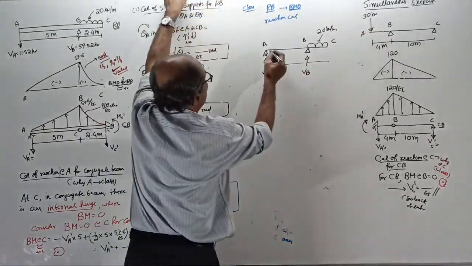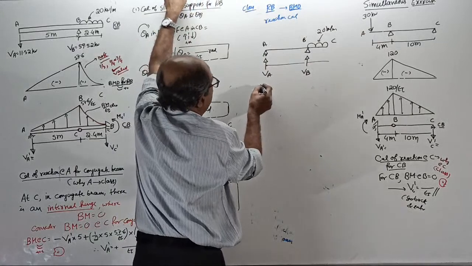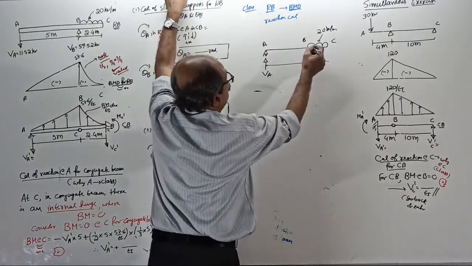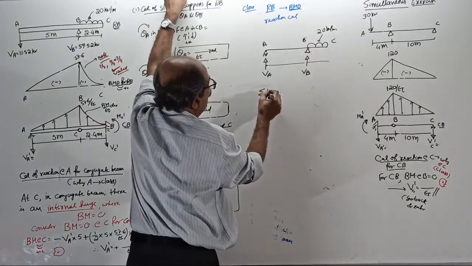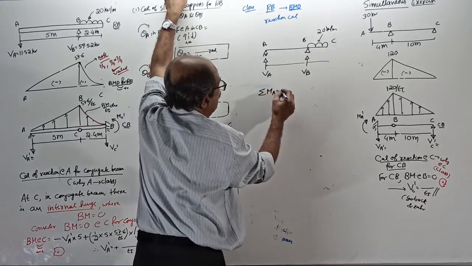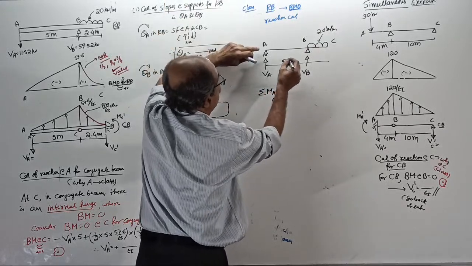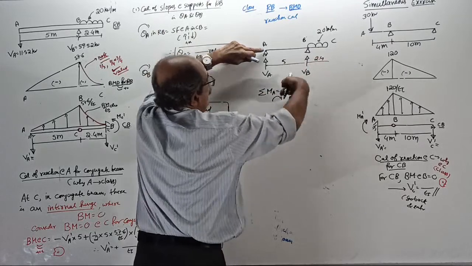Okay, start. Take moment about A. Clockwise positive. This is 5 meter, this is 2.4 meter.